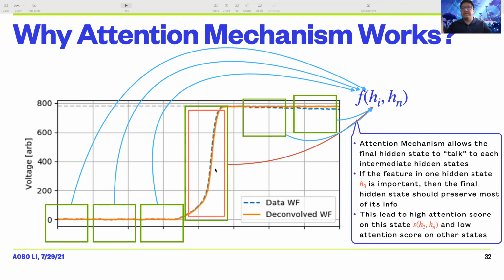That means if you calculate the similarity between H3 and HN, it should give you a very high output because they are very similar. So this will lead to a high attention score for the hidden state H3, and a low attention score to other parts of the waveform. By doing this, you are forcing your machine to zoom in on the rising edge of the waveform while trying to forget the unimportant information in the noise floor or the falling edge of the waveform.